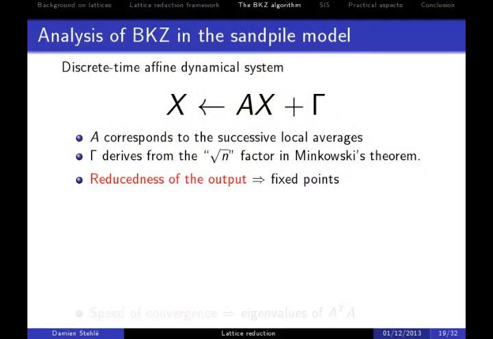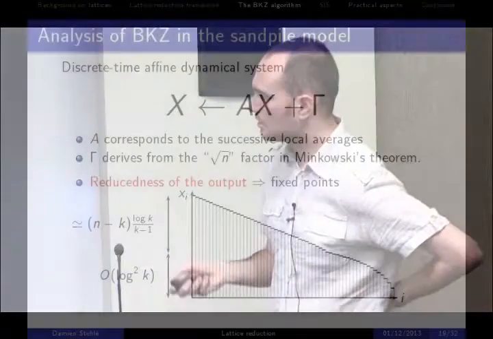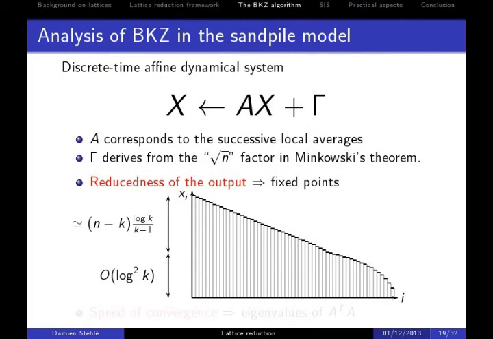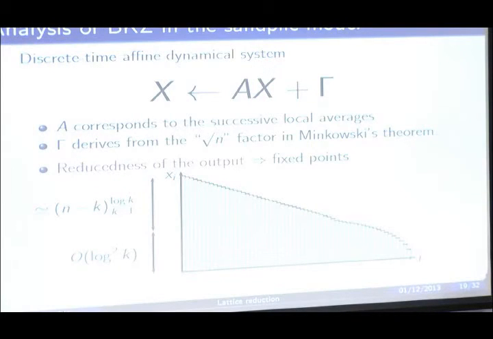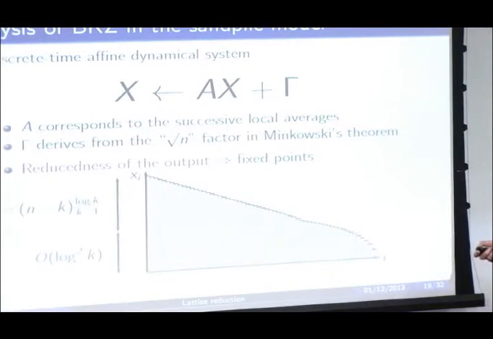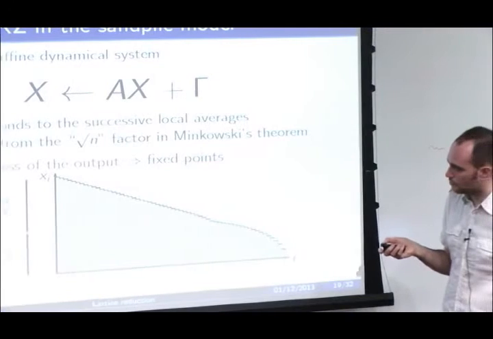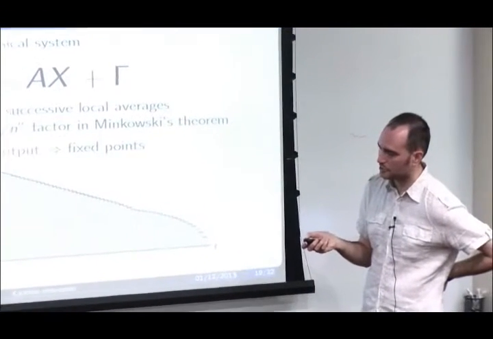And then once you've observed this, you can apply regular, standard mathematics tools to analyze the convergence, the speed of convergence, and the limit. So the limit is given by the fixed points, and that gives us a reducedness of the output. So if we do the computations, we get something like this. We get something flat for almost all indices, and the rate of decrease is log k over k minus 1.